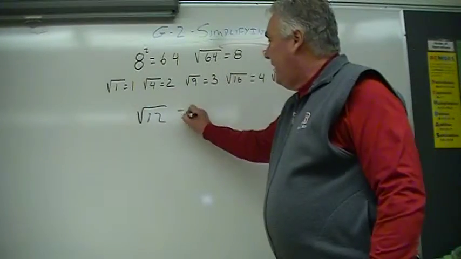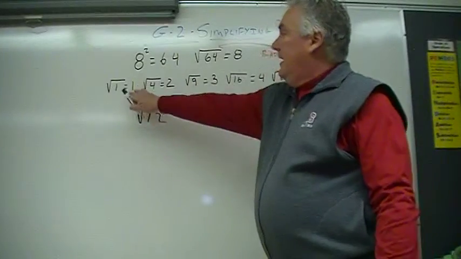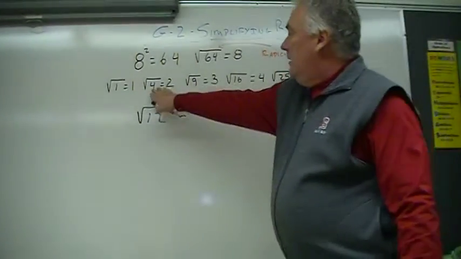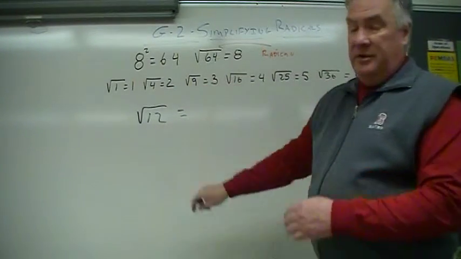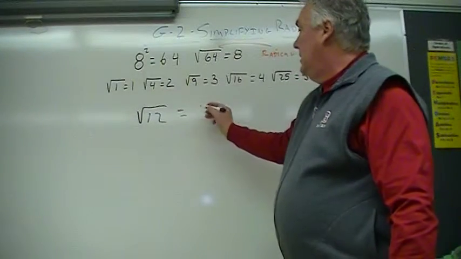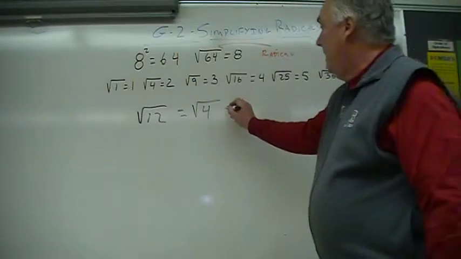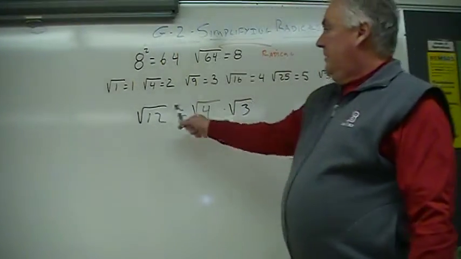So to simplify that, we've got to take 12 and break it down. Forget the 1 really for now, because we're dealing with ones. But 4, 9, 16. Do those numbers go into 12? The 4, the 9, and the 16. And the 4 does. So we end up with the square root of 4 times the square root of 3. 4 times 3 is 12.